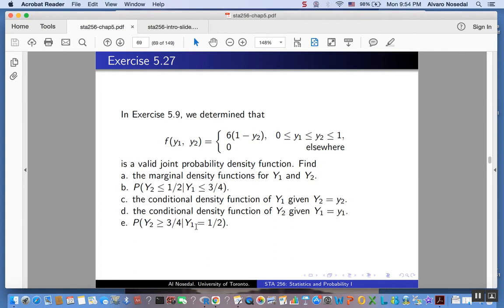We know that for a continuous random variable, the probability of assuming exactly one value would be 0. But basically what they are asking us to do is computing the conditional density function of Y2 given Y1 at that particular value, 1/2. Make sense? Okay, so let's do that.